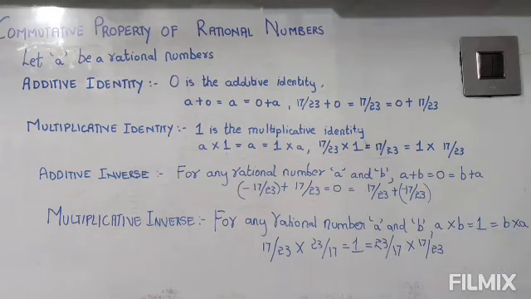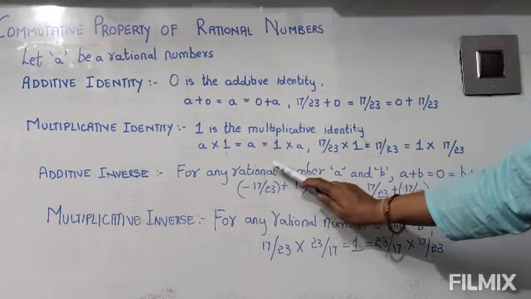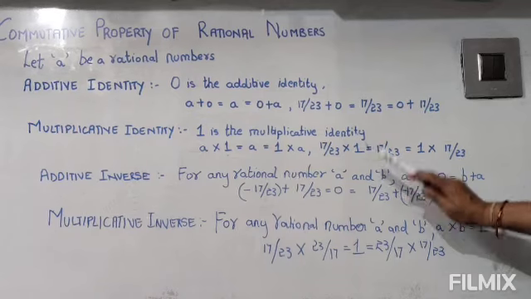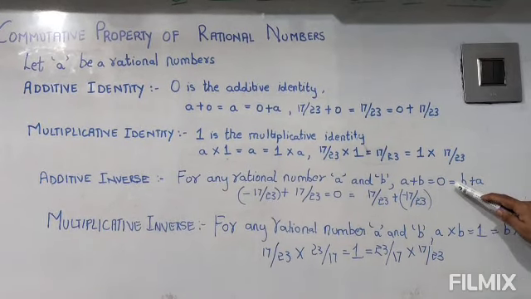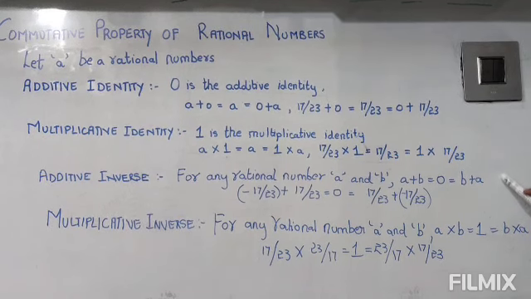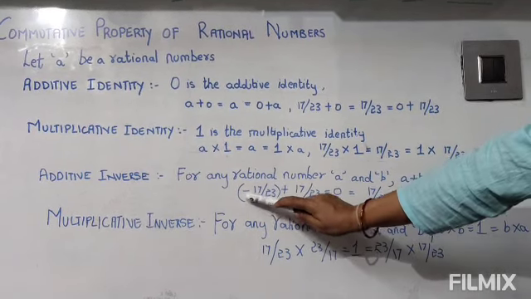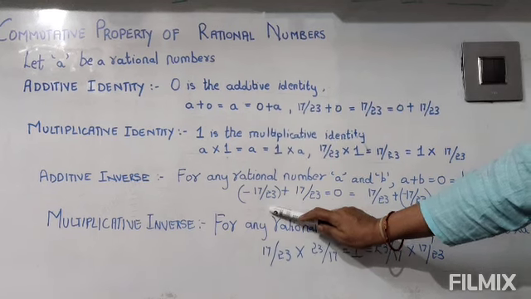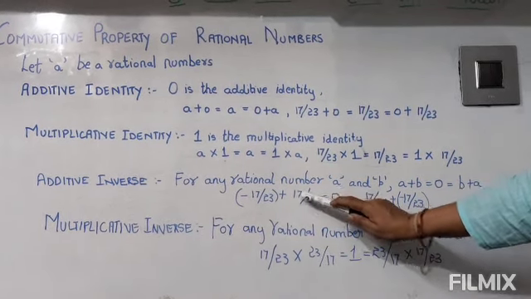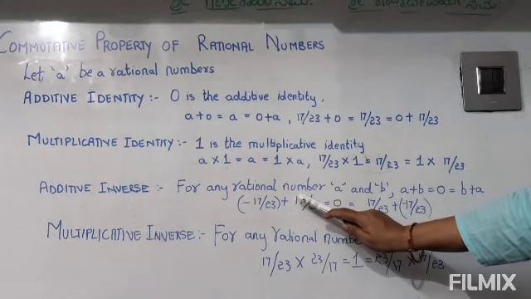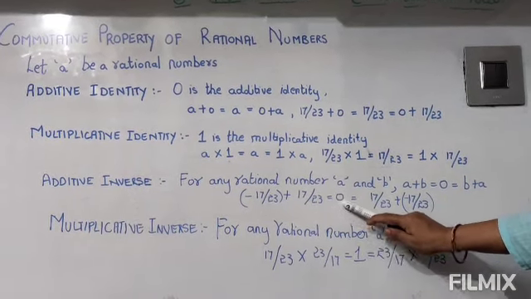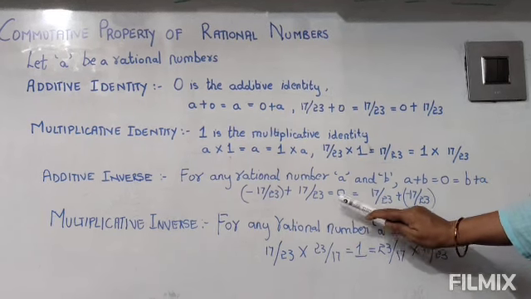Additive inverse. For any rational numbers A and B, A plus B is equal to 0, which is equal to B plus A. How? Consider A as minus 17 by 23 and B as 17 by 23. Therefore, minus 17 by 23 and plus 17 by 23, you will get the answer as 0, isn't it?